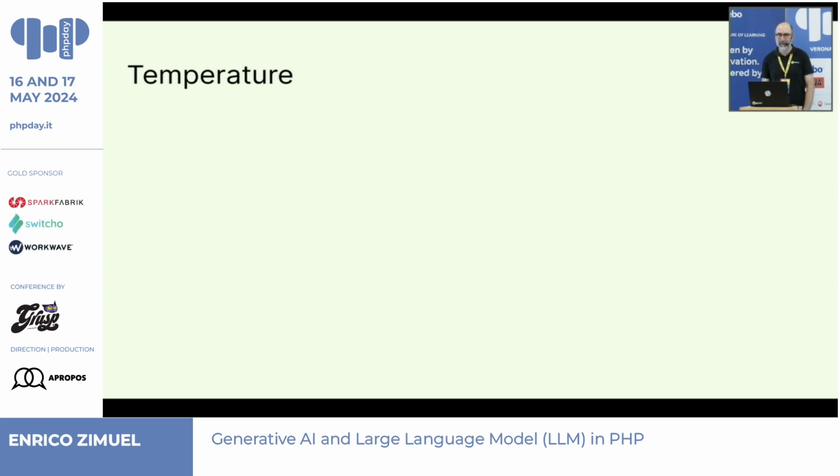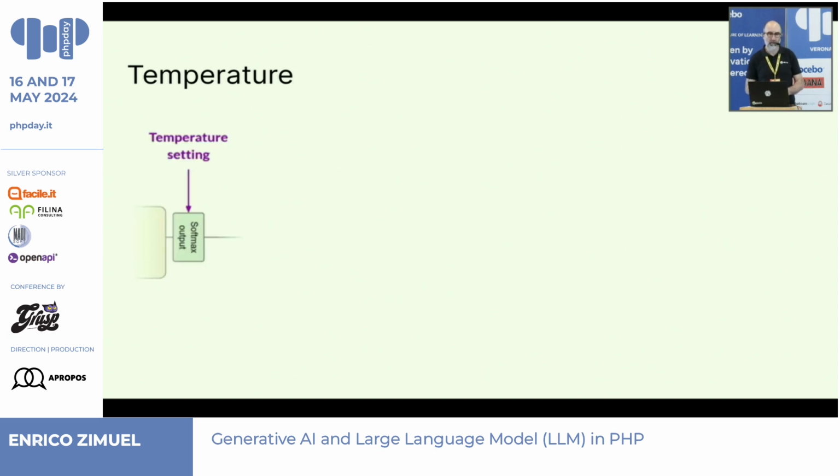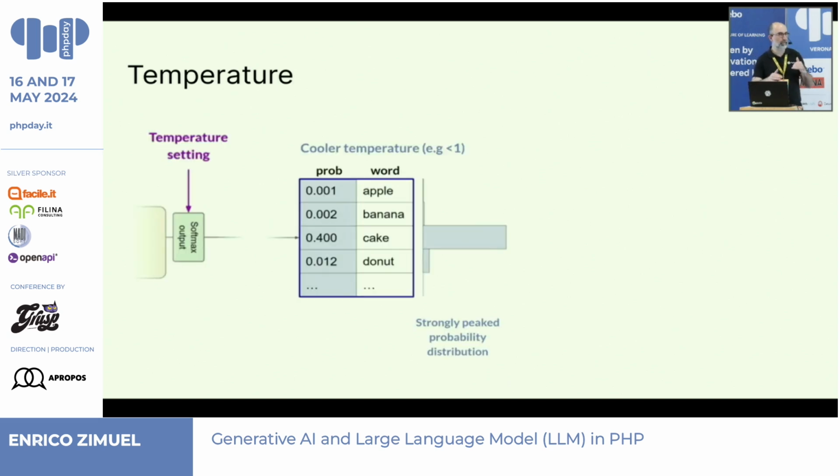Another important parameter is the temperature. So now I said we need random, okay, that's why we can have a generative answer different each time. But we want to tweak parameters. We are developers, so we want to change stuff, break stuff. One important parameter is called temperature. You can actually distribute the probability of the next token in a different way, by multiplying by a factor, which is the temperature.